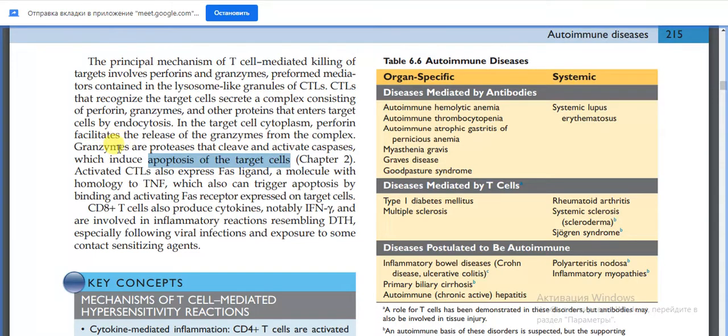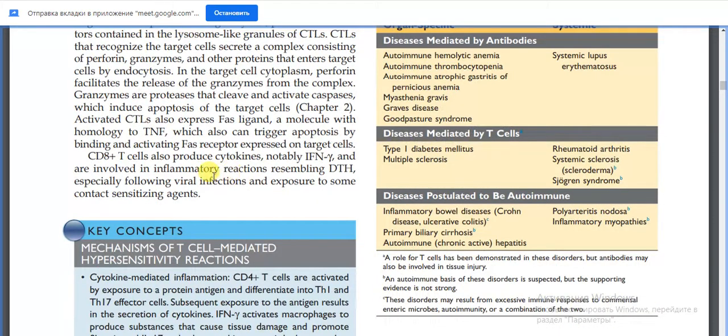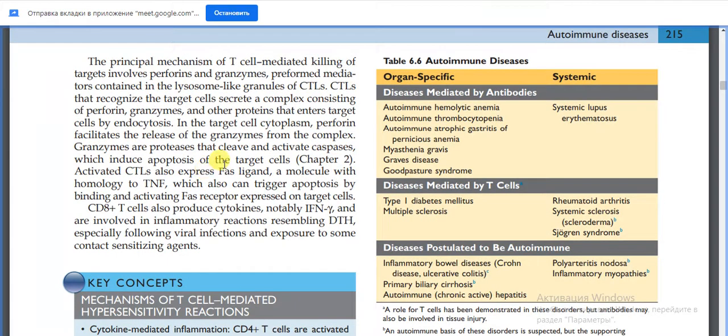CD8 positive T cells also produce cytokines, as we discussed in CD4 positive cells, interferon gamma, and it also attracts other immune cells like macrophages to the site of viral infection, and they also take part in the hypersensitivity reaction. So you see the border between hypersensitivity and normal sensitivity is shadowed. Actually, a normal response to a virus can turn into an abnormal, acute reaction to the same stimuli.